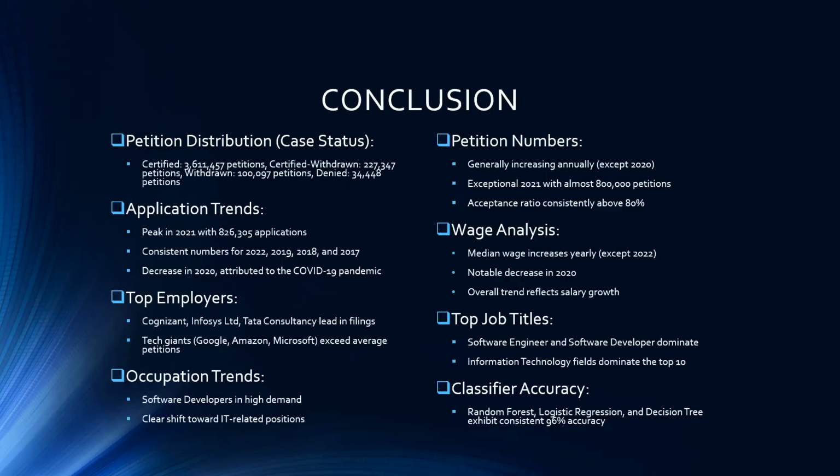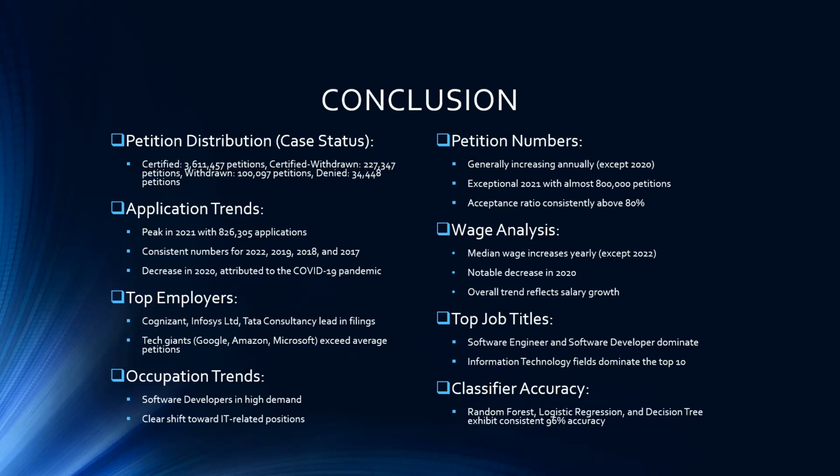Here is the conclusion. The first one is the petition distribution. We have seen how it has been distributed among the target value case status, the values certified, certified withdrawn, and denied, and how the petitions were handled.